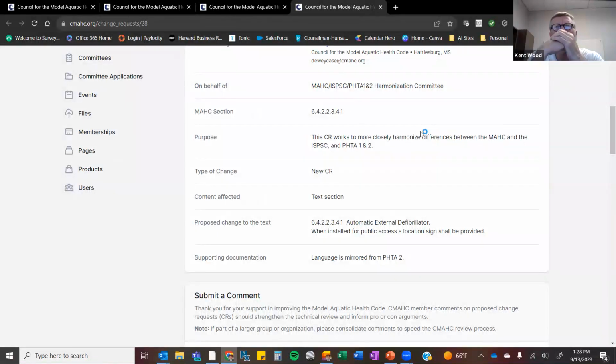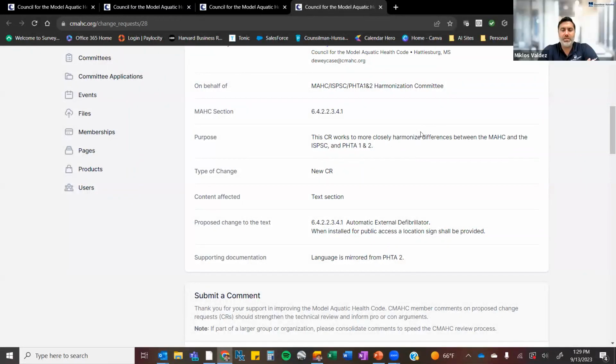Then we should probably include a text height in the requirement for that sign. Dewey, could you see if you can find some spec language for those signs and include that? Sure.